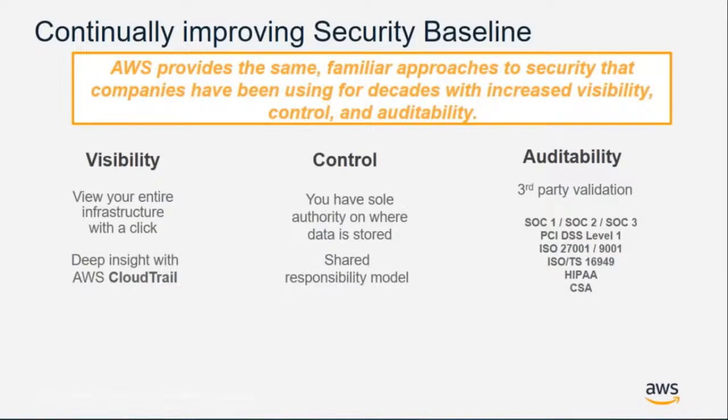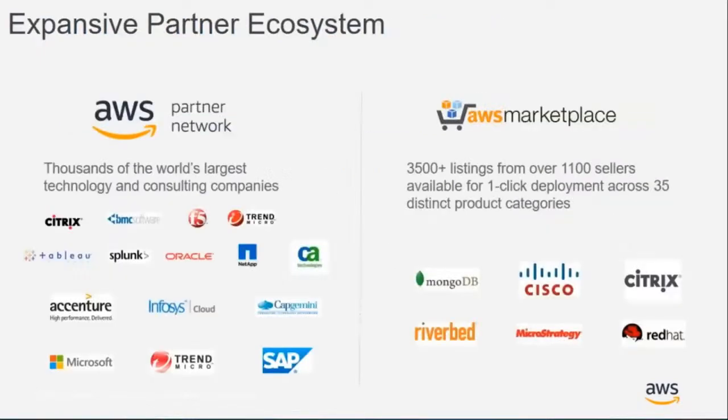Okay. So apart from security, another primary reason that customers choose AWS is the expansive partner ecosystem. AWS has the largest and deepest partner ecosystem in the cloud and continues to grow at a rapid pace.